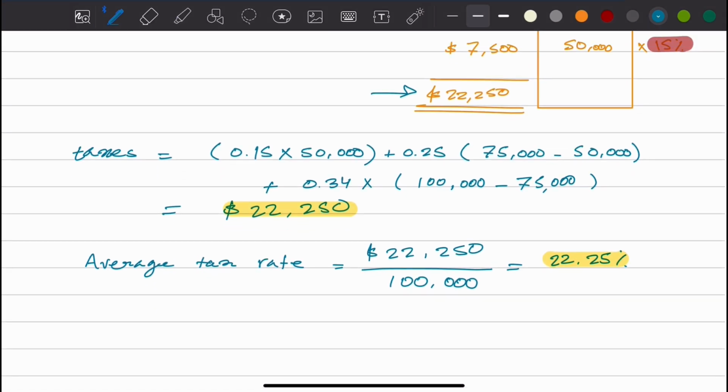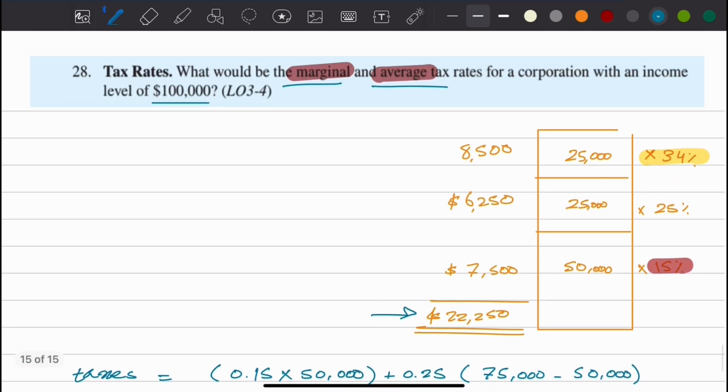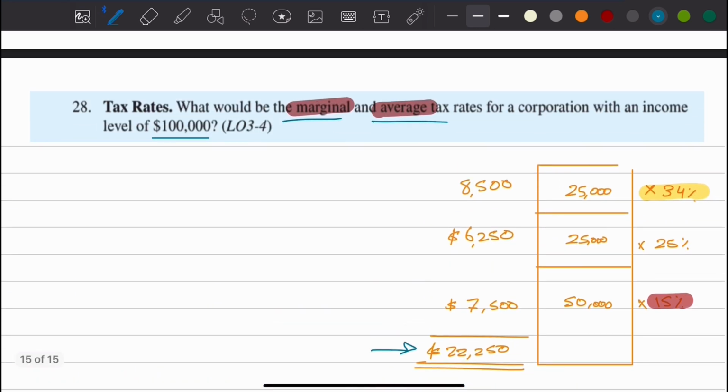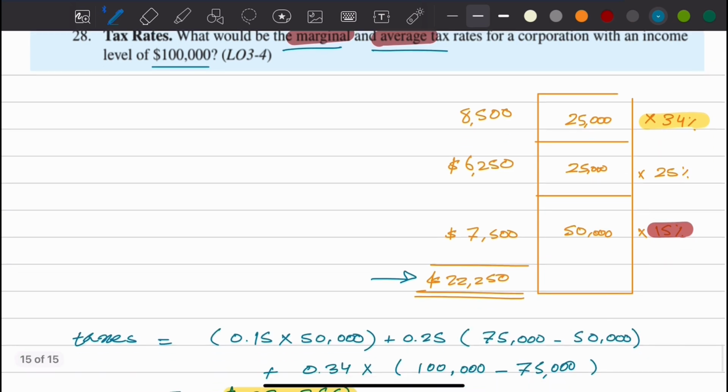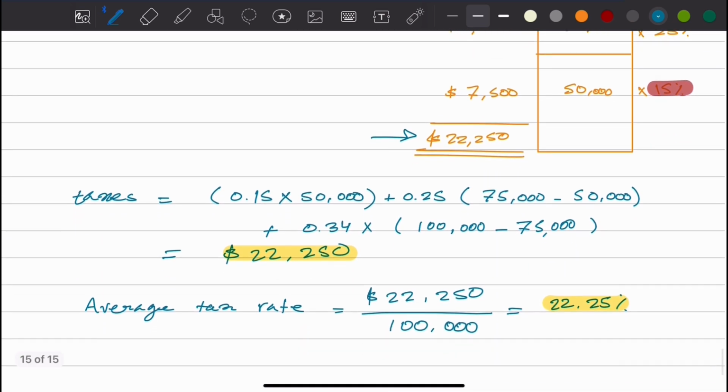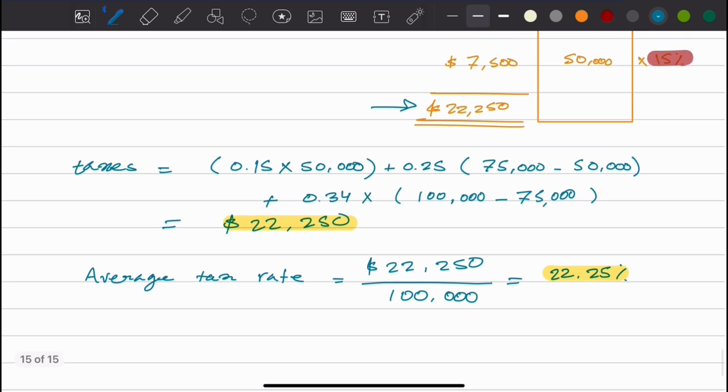And for the last part, the marginal tax rate. The marginal tax rate is basically the tax rate that is going to be applied for each extra dollar in income that the company makes.